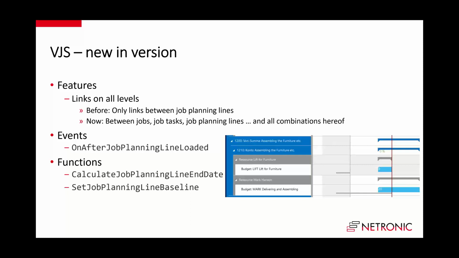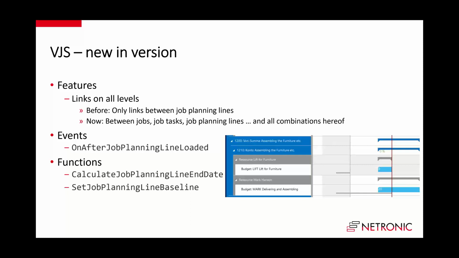Before that version, with the VJS, we already gave you the capability to define links, so dependencies between a predecessor and a successor, or start-start relations, in a graphical way, save them, or you could define these links in job templates that you build, and then when you created new jobs based on those templates, all these links got applied.